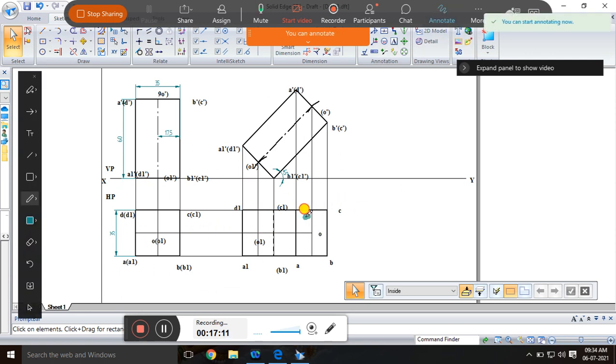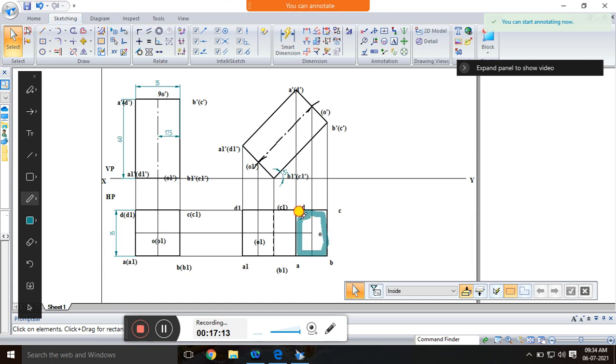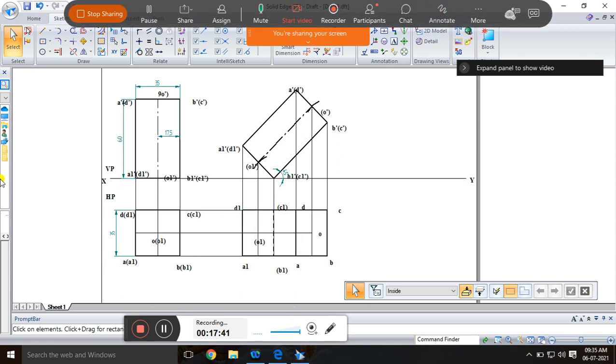Means this face is visible. Okay, if you see from the top, and this bottom face square is not visible, that's why written in the dotted. And this face D1 to D, A to A1, this face is also visible. Only these two faces are visible. Rest bottom face and another three side faces are not visible. Clear? This is what the second position.